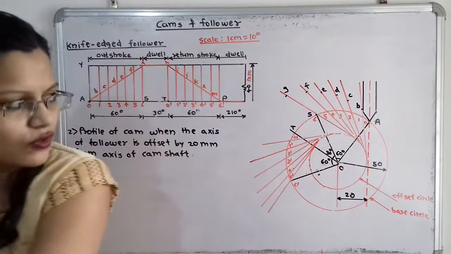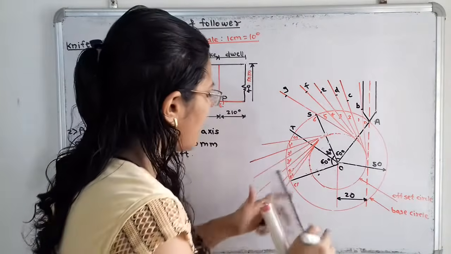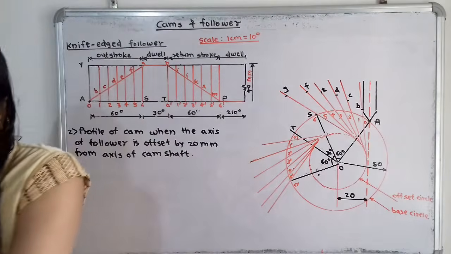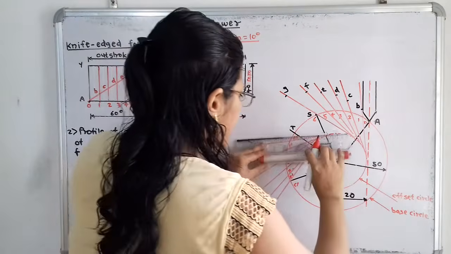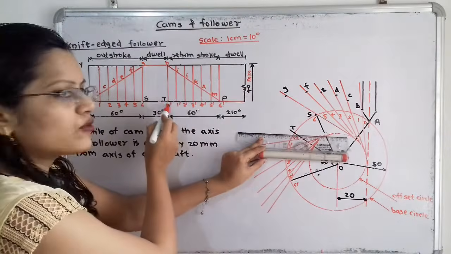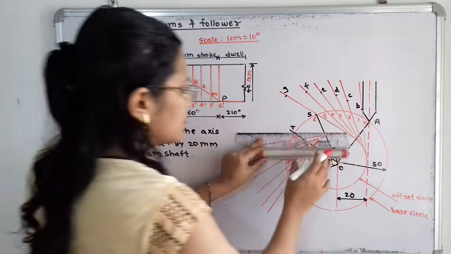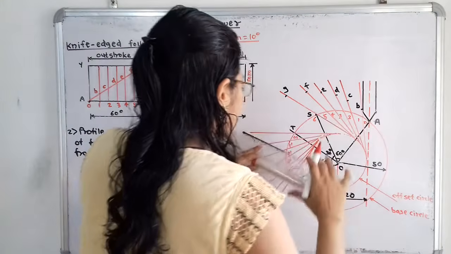I have to extend this line, that is, draw a tangent line passing from 0 dash. At this point T there is the 0 dash point, because here we have to observe that at this T point there is the 0 dash. So I will draw one tangent line.